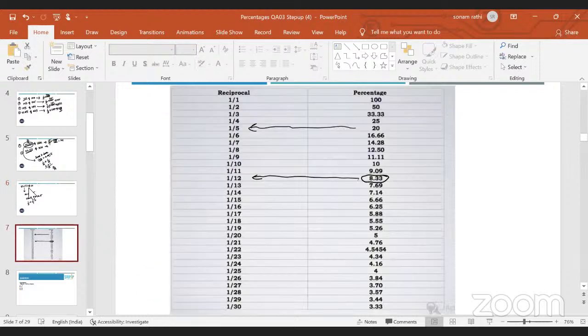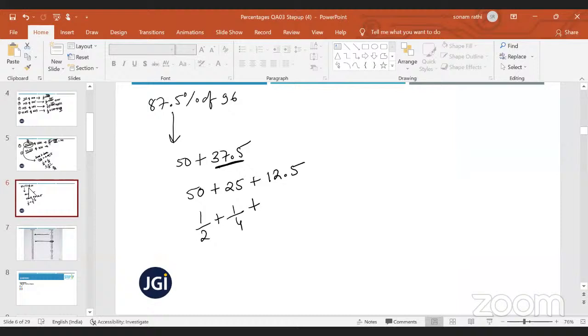Check in your list. What is 12.5? 1 by 8. Right. So do it.